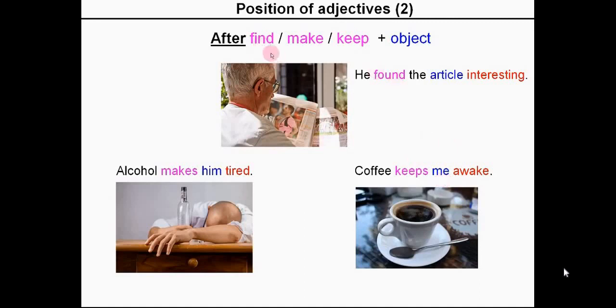So these three verbs, find, make, keep, followed by an object, and the adjective is after. So a reminder, in these examples the adjective functions as an object complement. An object complement, because the adjective is describing the object of the sentence, not the subject.